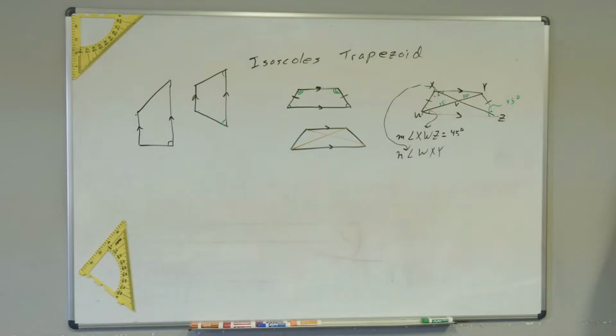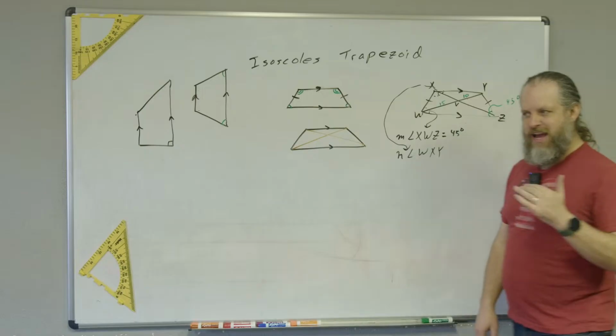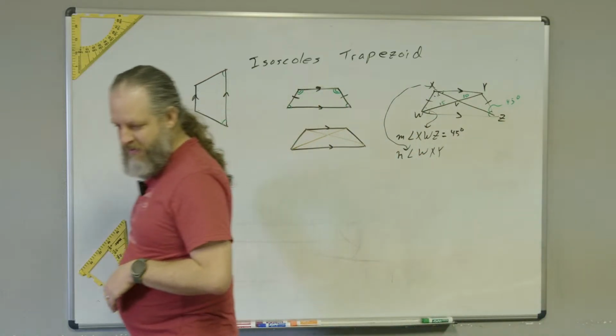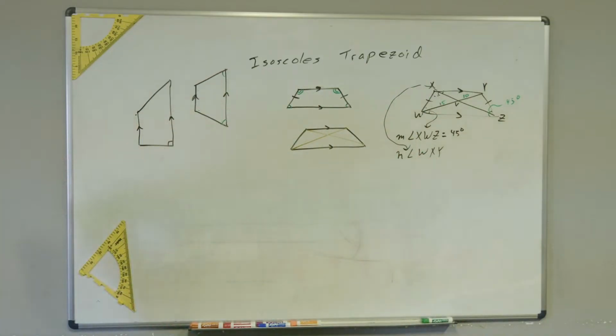We also have a theorem that tells us how to find the sum of the interior angles of a polygon. What is that formula? We were studying it recently, you know it.